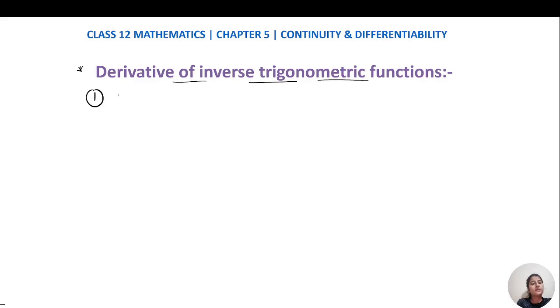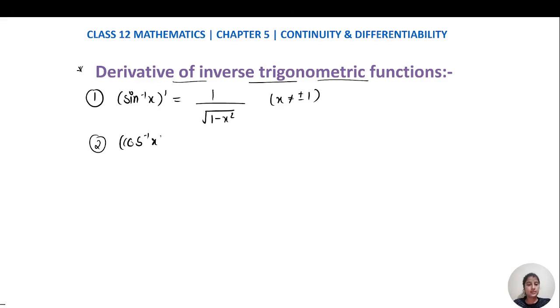So what is the derivative of sine inverse of x? Its derivative is nothing but 1 upon root of 1 minus x square, where x is not equal to plus minus 1. The second one is the derivative of cos inverse of x.